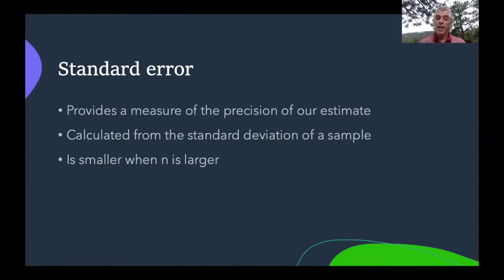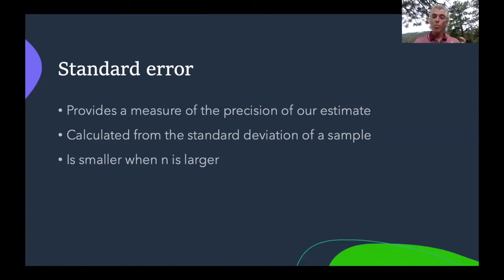So our standard error of the mean provides us with a measure of the precision of our estimate, or how much that estimate is likely to vary from sample to sample if we were to collect lots of samples. But we can calculate it directly from a single sample using the standard deviation of that sample divided by the square root of n. The standard error then is going to be smaller the larger our sample size is.